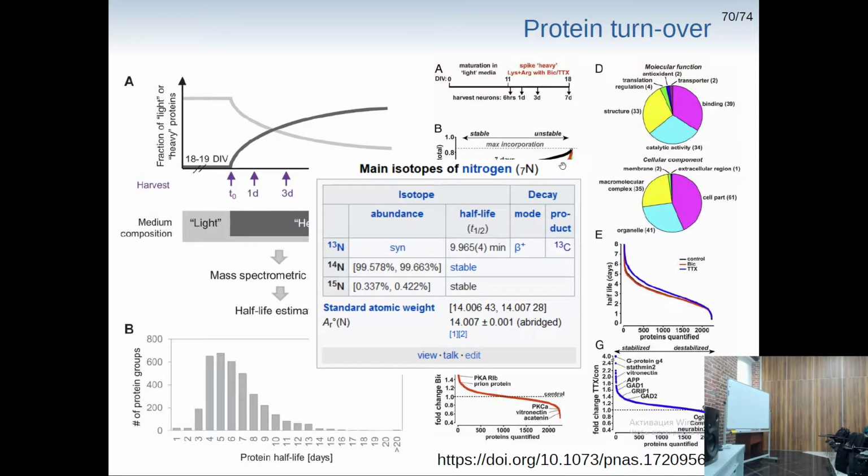For instance, if we do some mass spectrometry and we have some peptide which is unique for some protein of your interest, you will have those peptides differ by this mass of 1 dalton because of this nitrogen 15, and you can have both of them in the same run of your mass spectrometer, and you can just compare the height of peaks, or actually the concentration of old and new protein, to make some deduction.